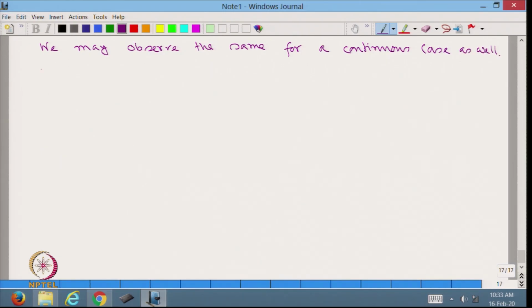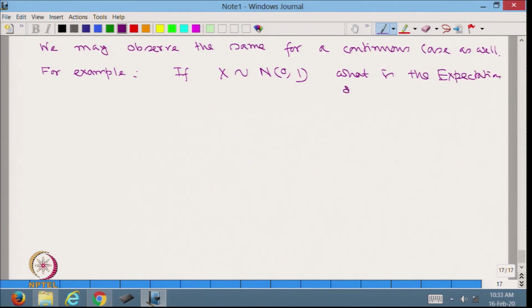For example, if x is normal 0 1, what is the expectation of x square? So, we do it as follows.